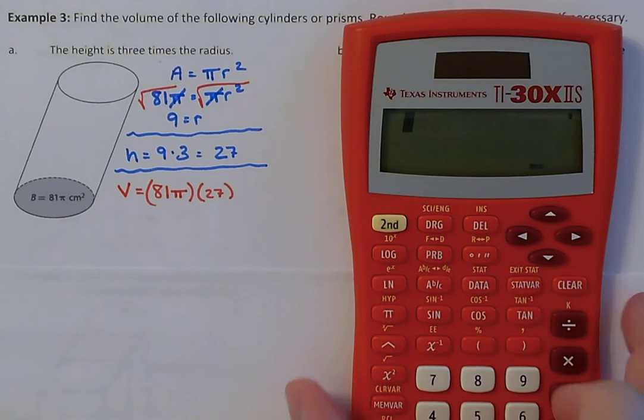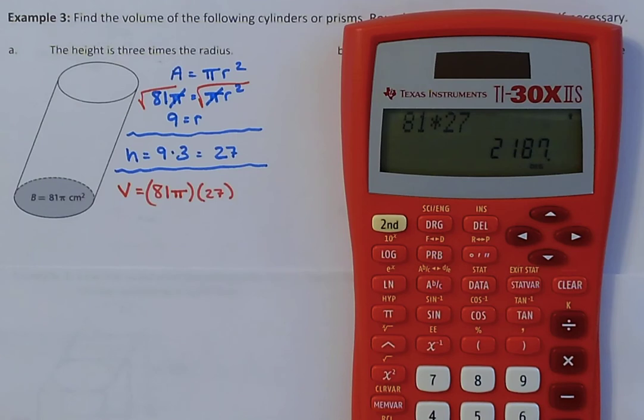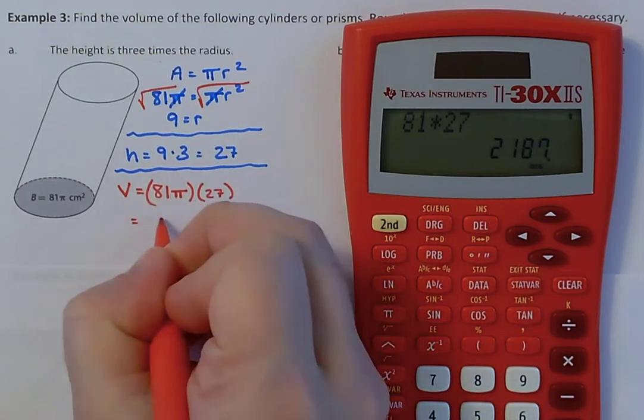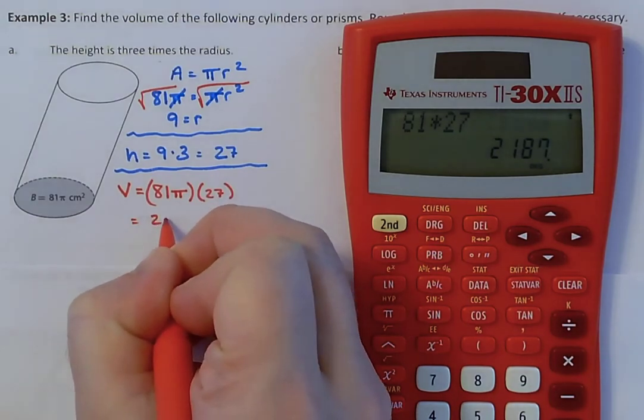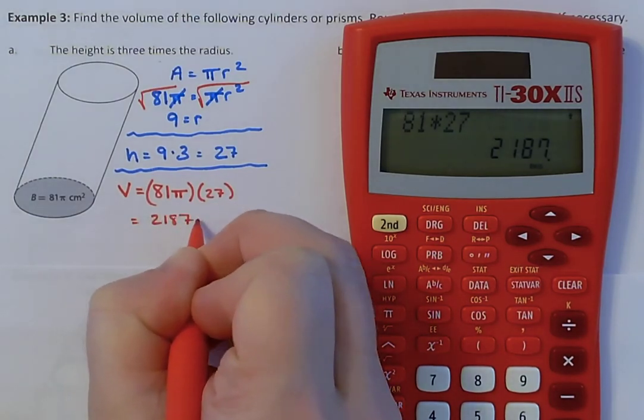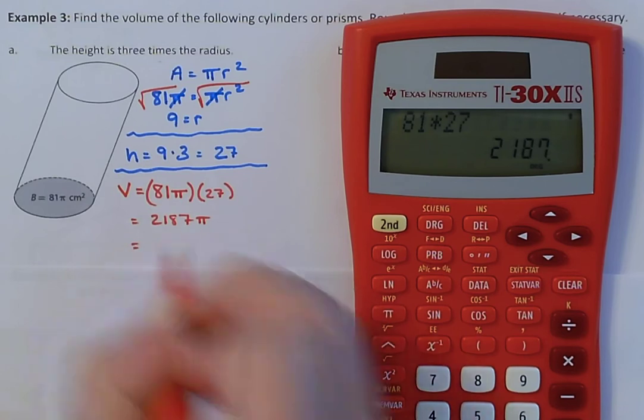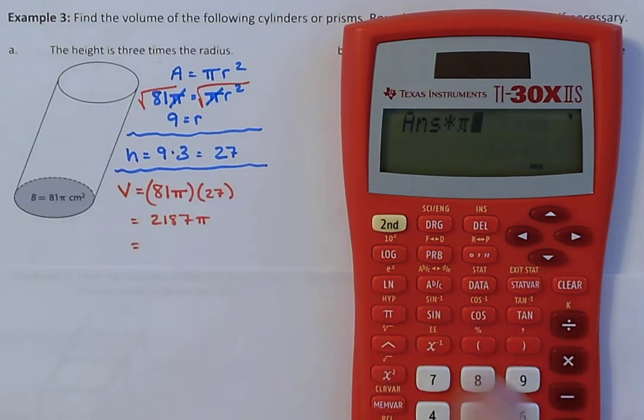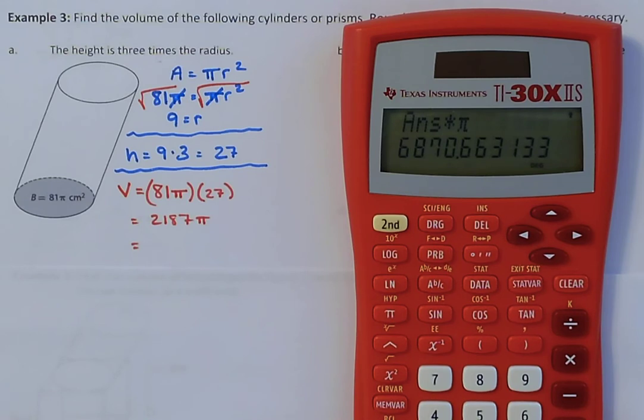If we do 81 times 27, we get 2,187 pi, and then if we multiply pi in, 3.14, we end up with 6,870.663.